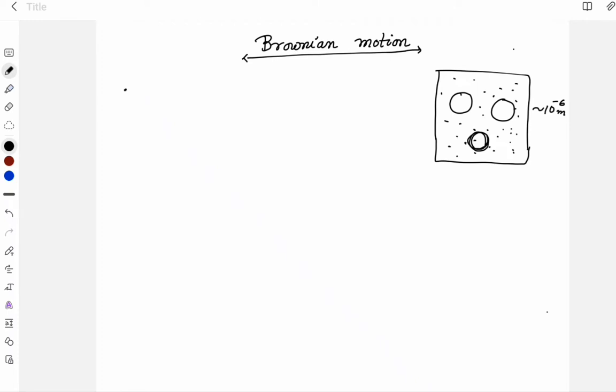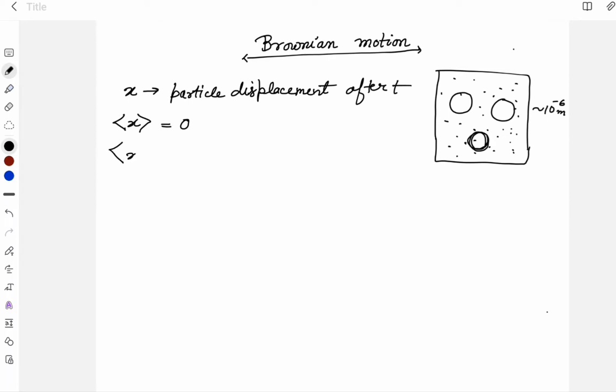If, let's say, x is the particle displacement after time t, then we have seen that the average of x is 0, and the x square value is equal to n l square, or in terms of time, l v bar t.